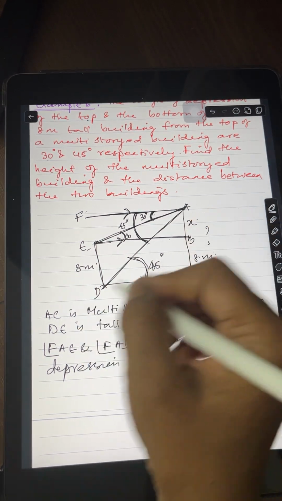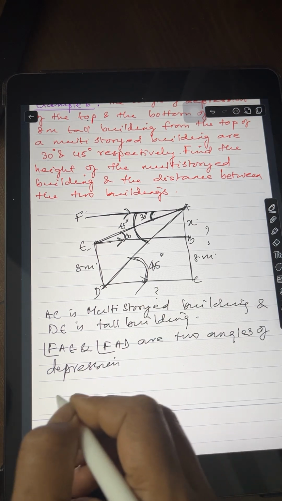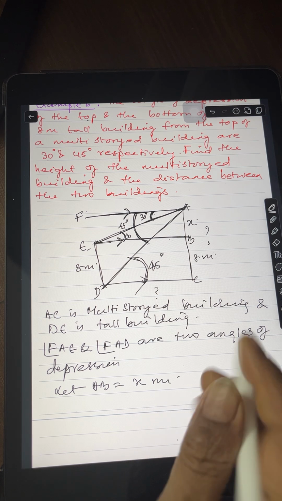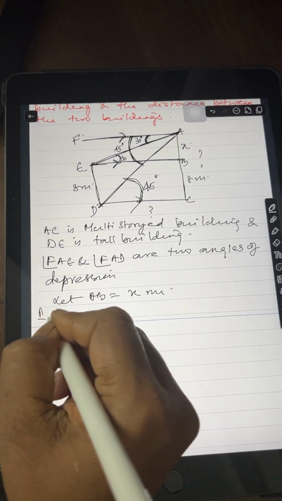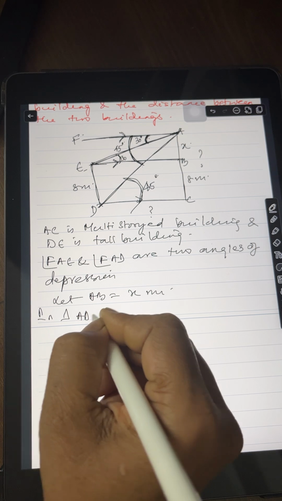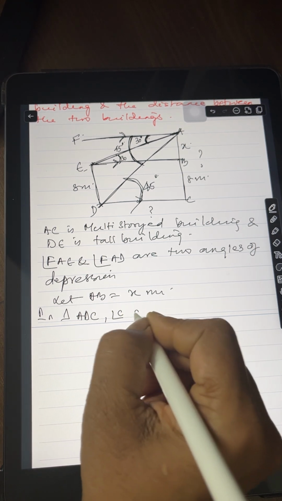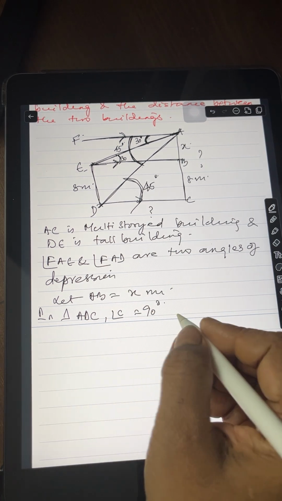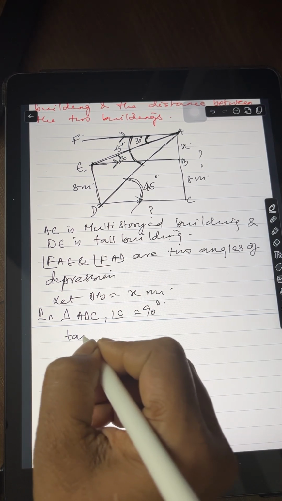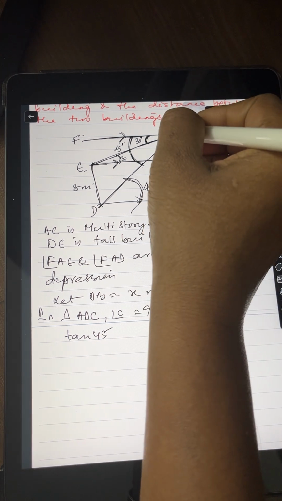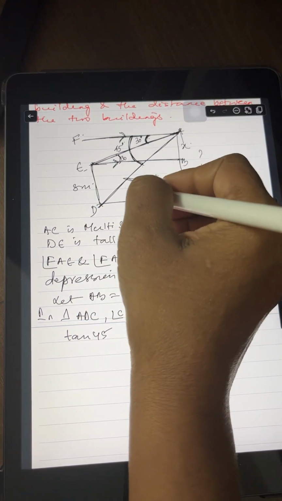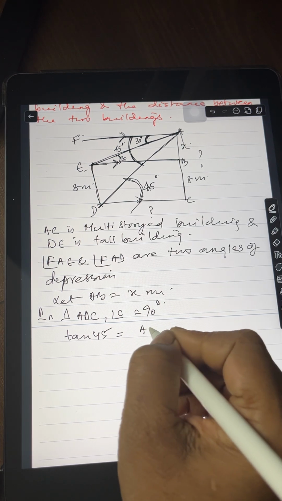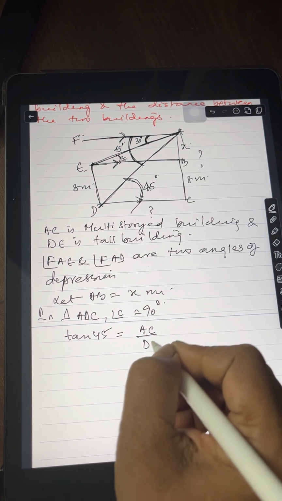Now take this big triangle. Let AB be equal to x meter. Now in triangle ADC, angle C is equal to 90 degree. So tan 45 is equal to AC by DC.